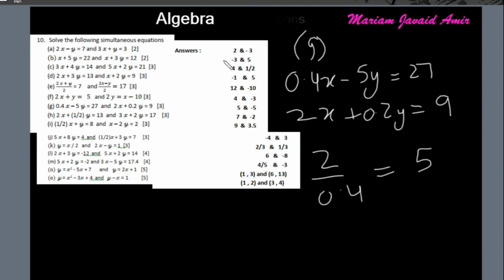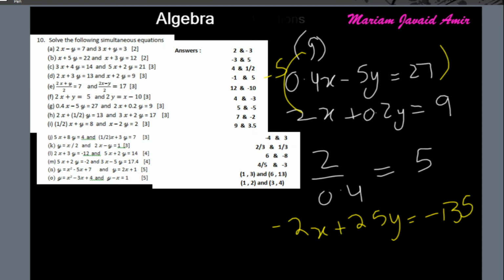So if I multiply the first equation by minus 5, I will get minus 2x plus 25y equals minus 27 times 5, which is 135. So the first equation gets changed to this, and the second equation remains the same. Now when I add these, I will be able to eliminate x.